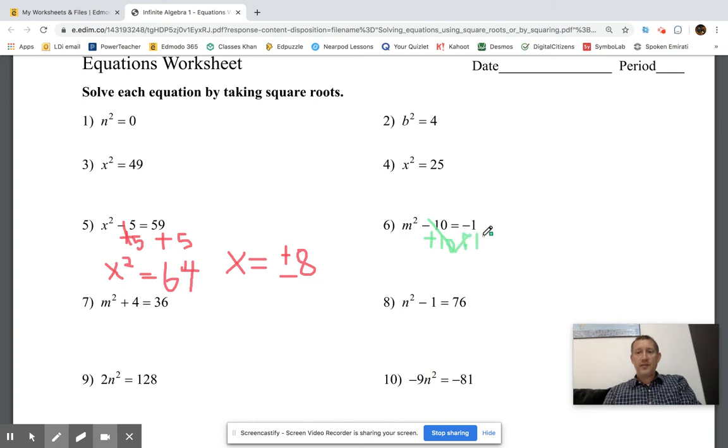Okay, so negative 1 plus 10 gives us 9. And then we have the m squared on the other side. Okay, how do we get rid of the squared? Plus or minus the square root. So the answer is going to be plus and minus 3, because the square root of 9 is 3.